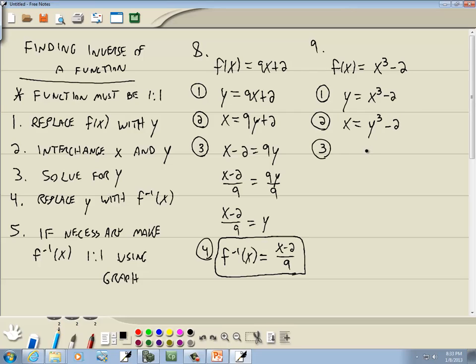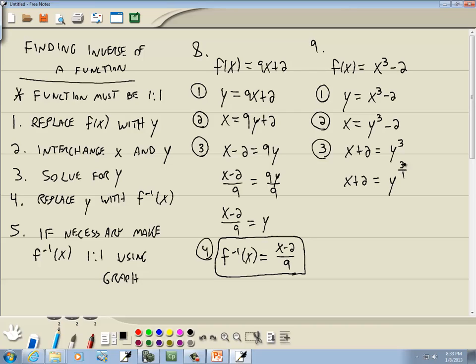Step 3, solve for y. I bring the negative 2 over, becomes a positive 2. Now this is the same as x plus 2 is equal to y to the 3 over 1 power. Now from college algebra you studied the power principle. The power principle said you can take both sides to a power, basically.